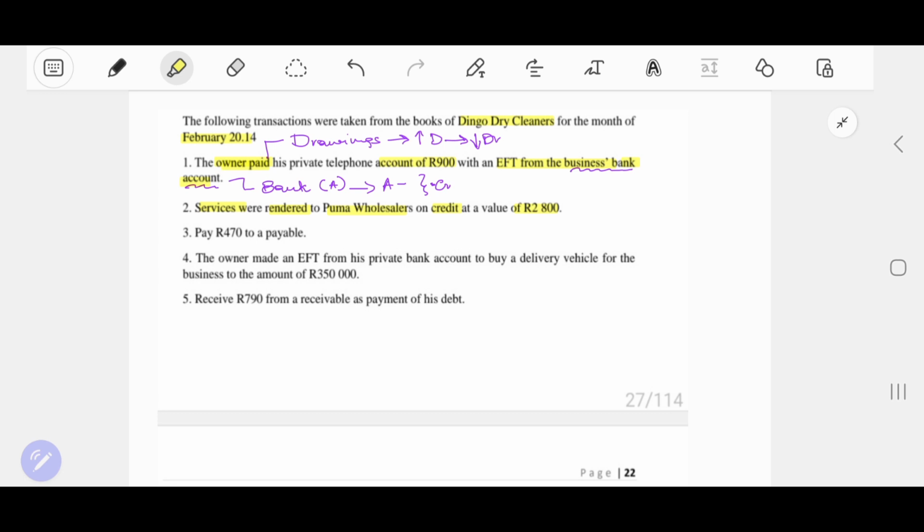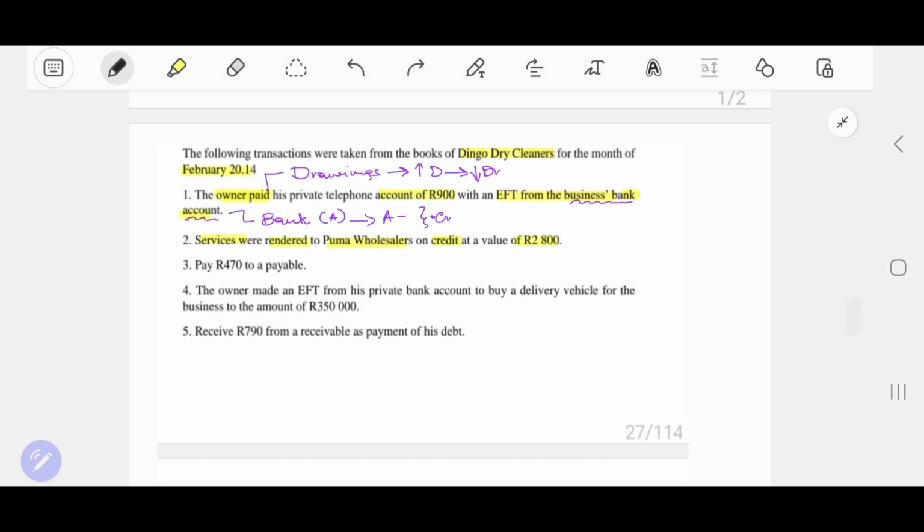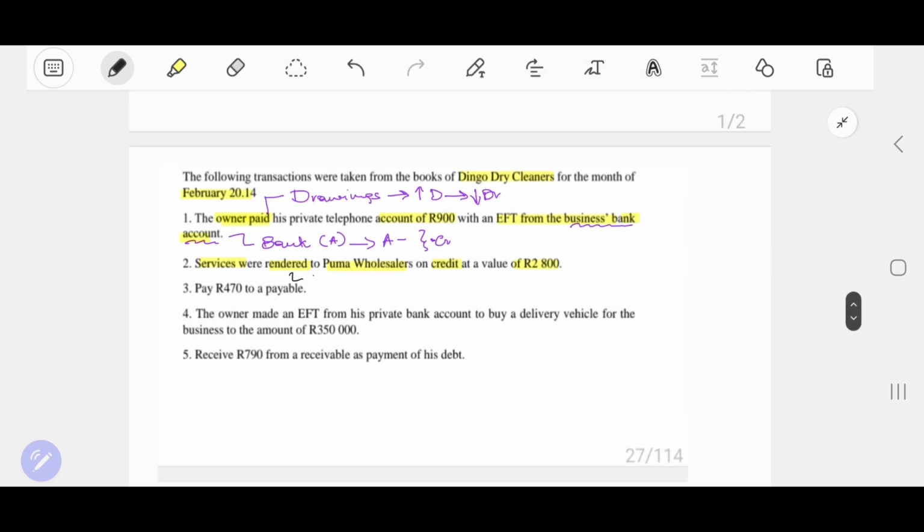When we sell something, that's going to be income. So we can say that it's going to be a service rendered, which is income. Remember, income is money coming into the business, and income results in a what?